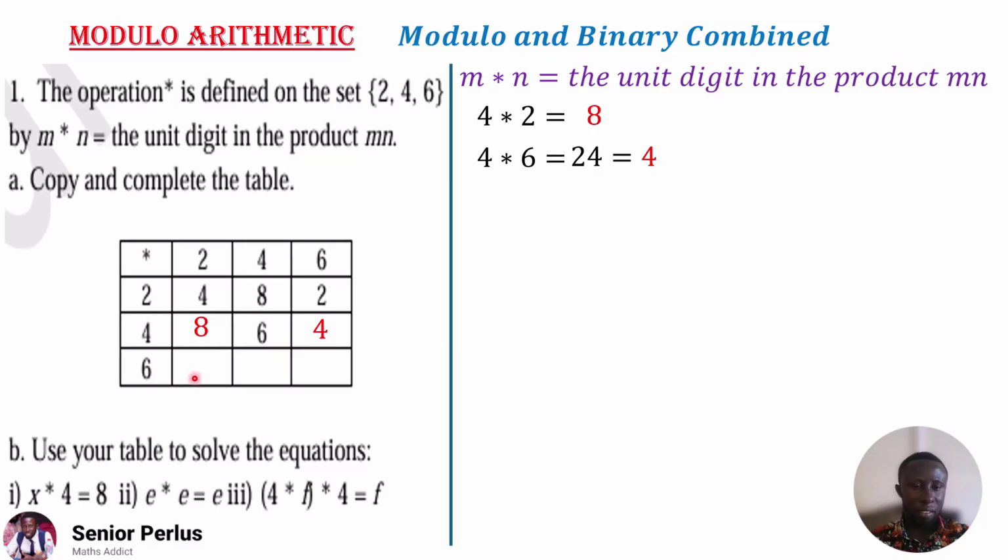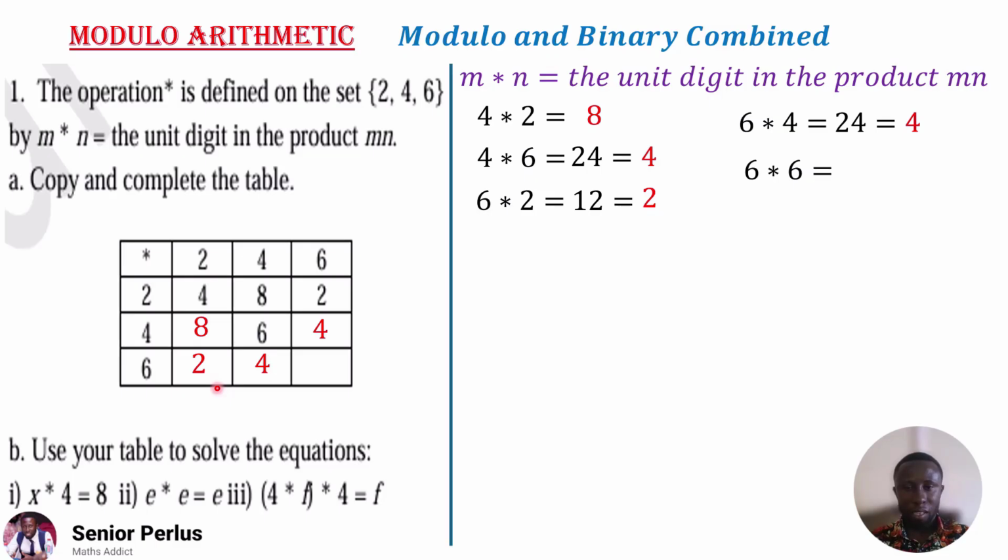Then 6 star 2. That's 6 times 2, 12. And the unit digit is 2. Then 6 star 4. That's 6 times 4 is 24. The unit digit here is 4. 6 star 6. That's 6 times 6 is 36. The unit digit here is 6. Good. So you are done with the table.